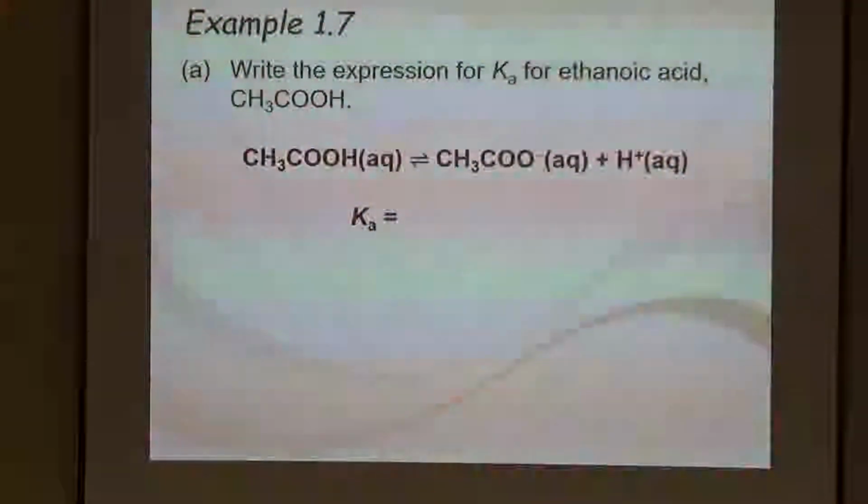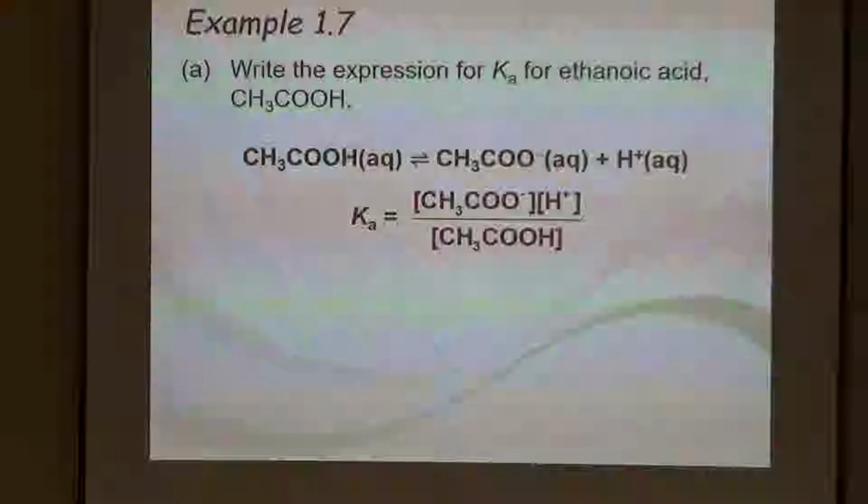So write the expression for Ka for ethanoic acid. Write the Ka according to the equation or equilibrium that you are given. If you are not given an equation, then you write one down and then write your Ka expression according to the equation that you write. So in this case, that is the expression.